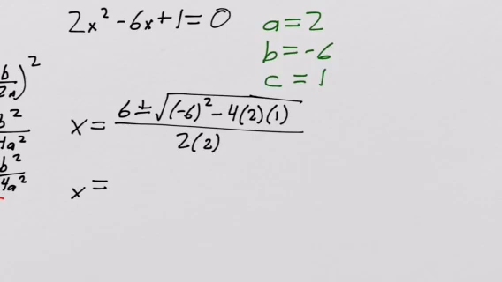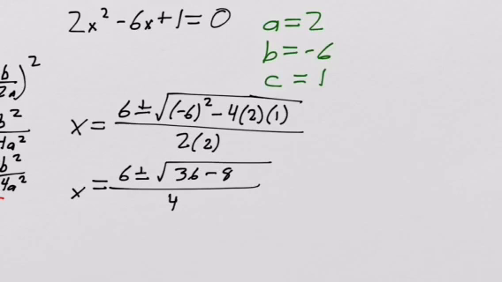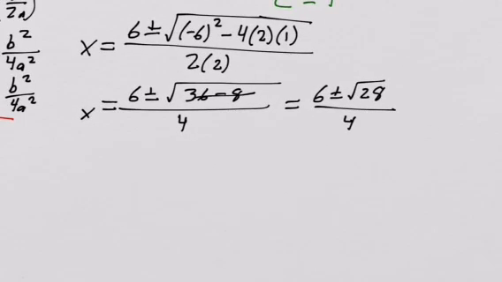So x is equal to 6 plus or minus the square root of 36 minus 8 over 4, which is 6 plus or minus the square root of 28 over 4. Square root of 28 simplifies to 2 square root of 7.